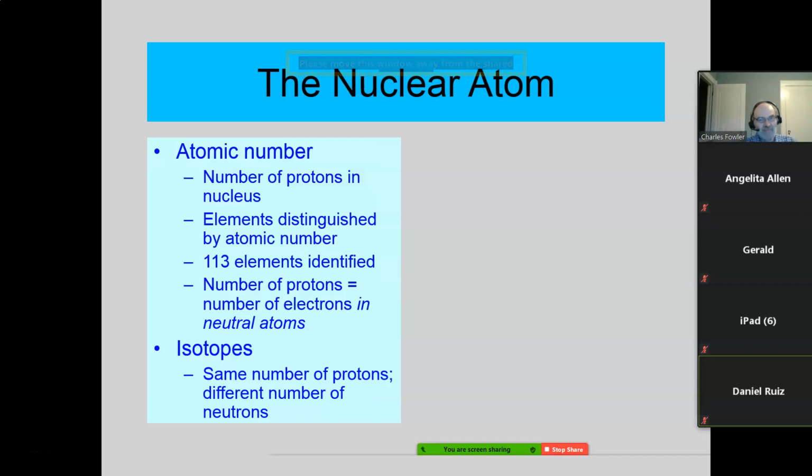Right now, or when this slide was made, 113 elements were identified. If you look in your book, you'll see the number is maybe somewhere up around 118 now, or at least when the book was published. However, some of those, I'm not sure they really exist. Like the UUS and the UUO, that may be just filling in the blank.